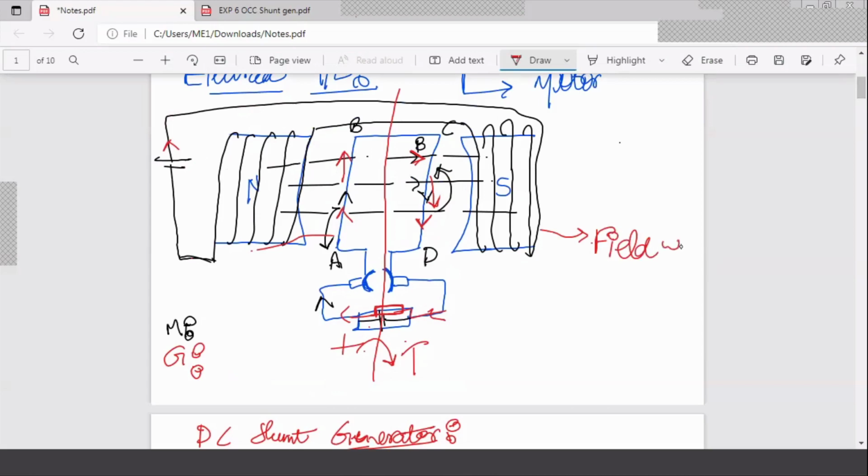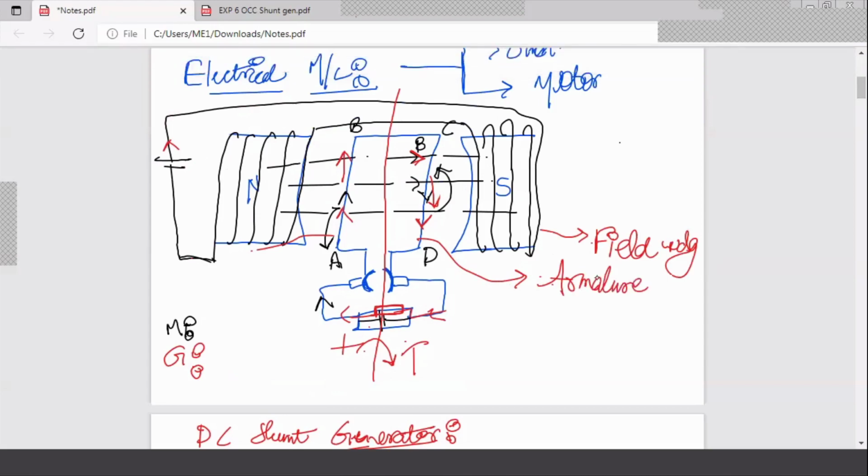And the other one, which is carrying the current, or the one which is rotated here, is basically known as the armature winding. Field winding and armature winding.